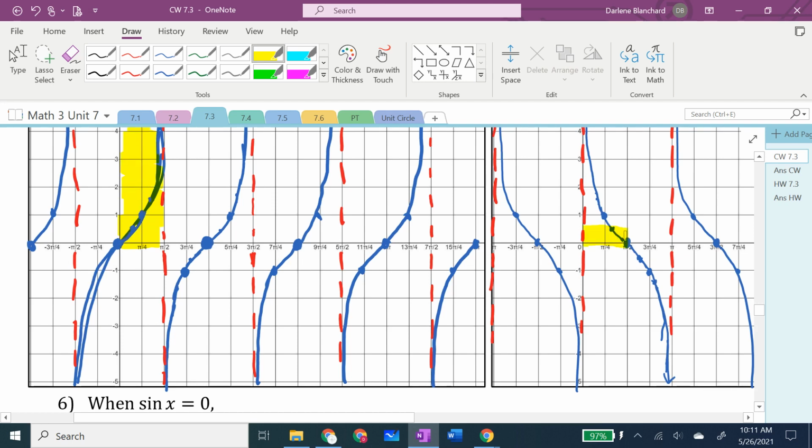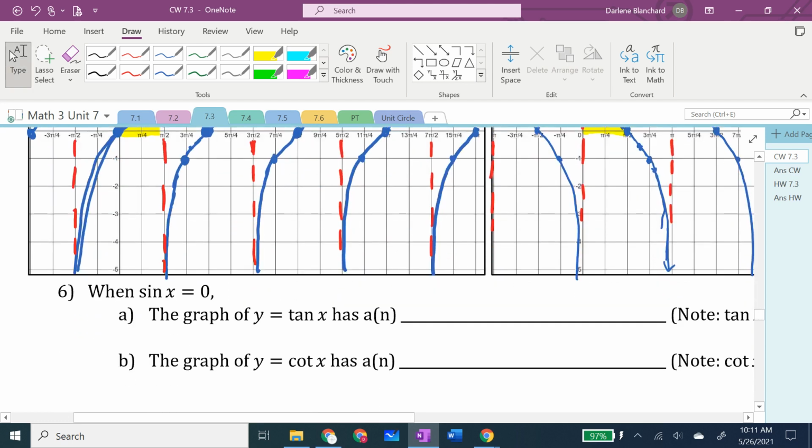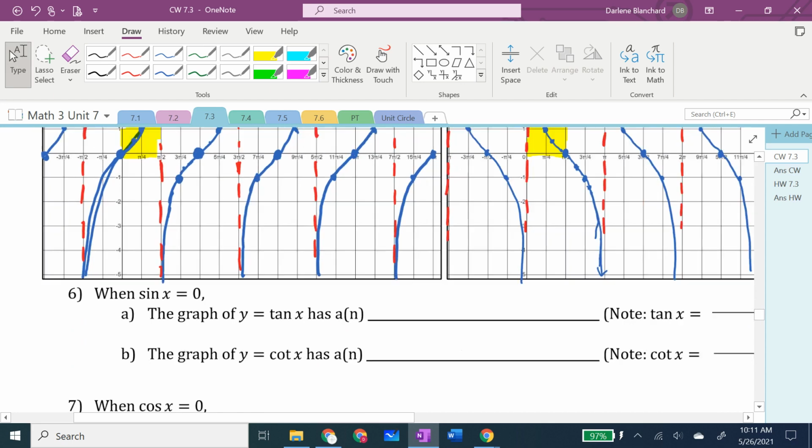If you can get those regions shaded, and then just remember that the graph either heads up or heads down, you've got the graphs. I'm hoping you'll see that you don't have to do too much work.